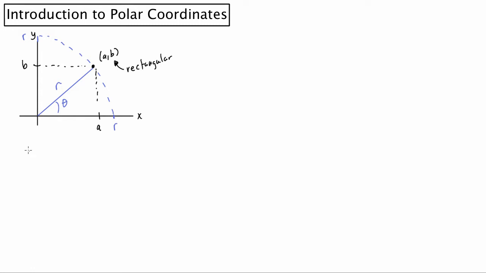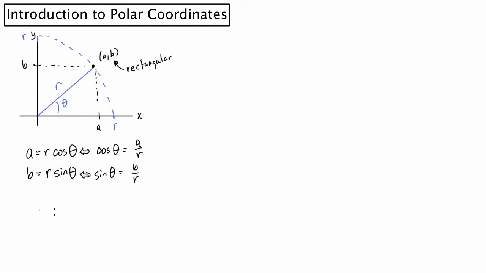So for example, I know for a fact here that a is r cosine theta, b is r sine theta, which is another way of saying cosine of theta is a divided by r, where a is the adjacent and r is the hypotenuse, and sine of theta is b over r, where b is the opposite side and r is the hypotenuse. So we understand these relationships very well.